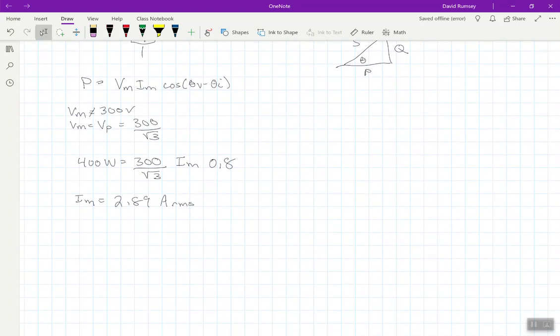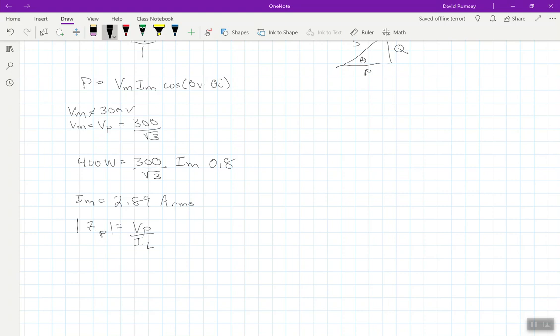Now, the per phase load impedance, we're going to basically say, okay, well, what kind of load do I have on there as far as a resistive value? And so that's pretty straightforward, because if you think about what the magnitude of ZP is going to be, that's just going to be my VP divided by my current, voltage divided by current.